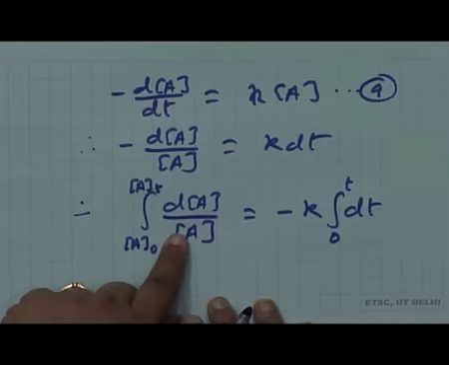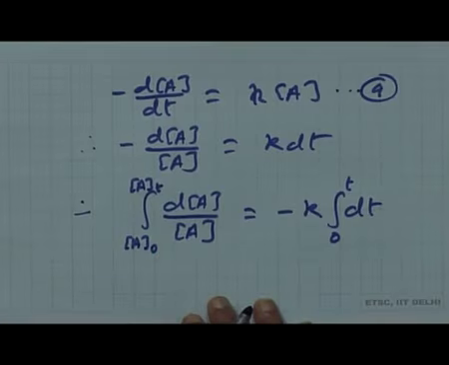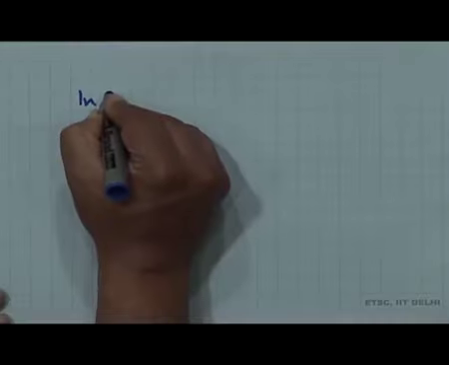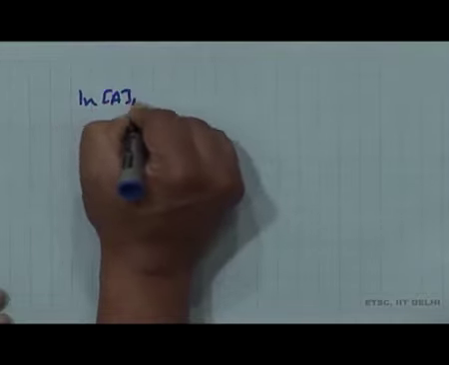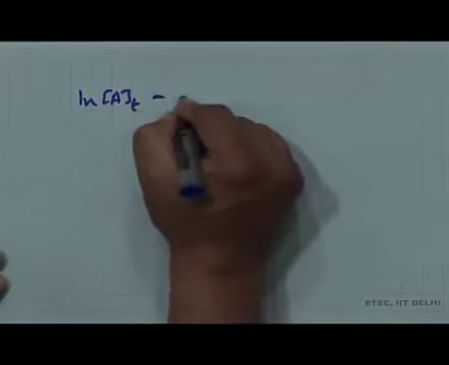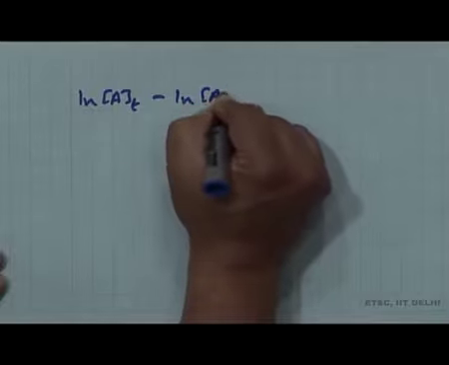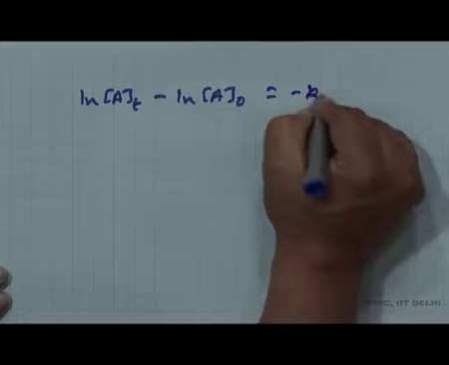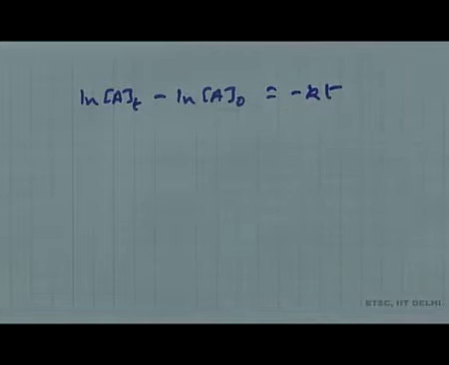So on the left hand side, you realize that this is your standard integral involving the natural log. So what you get from here is, I write natural log A t, where natural log is log base e, minus natural log A naught is equal to minus Kt, right.